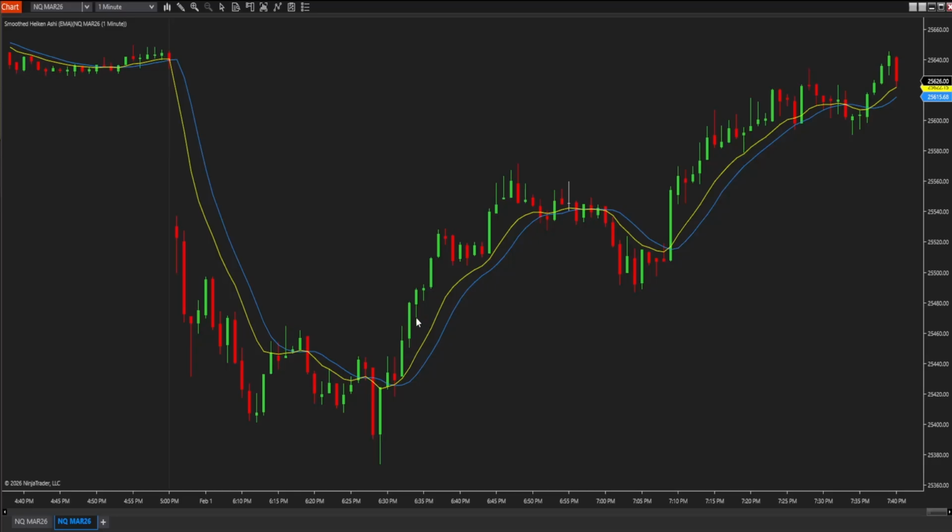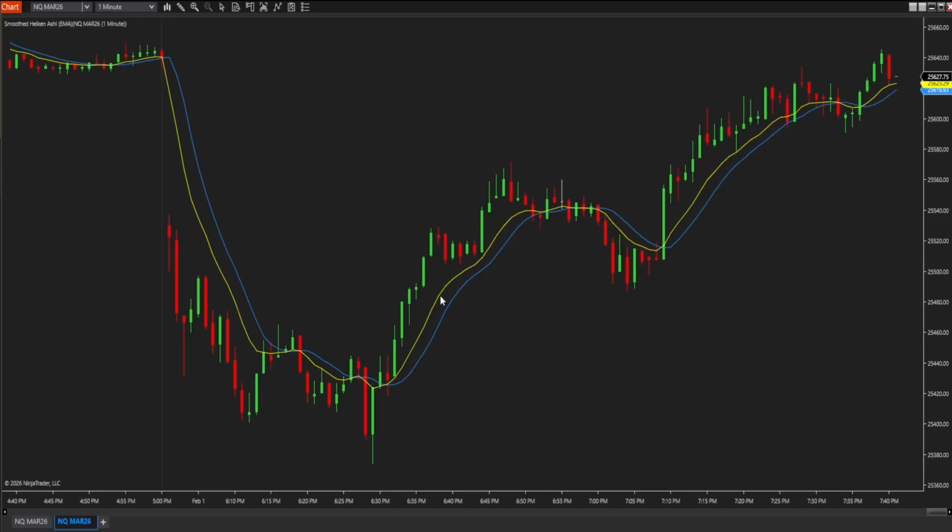The yellow line is the current price. As you can see here, the current price is like 25,623, and then we have the open of 25,618. So the blue line is basically the smoothed out open, and the yellow line is the current price or the close, and it's smoothed out.